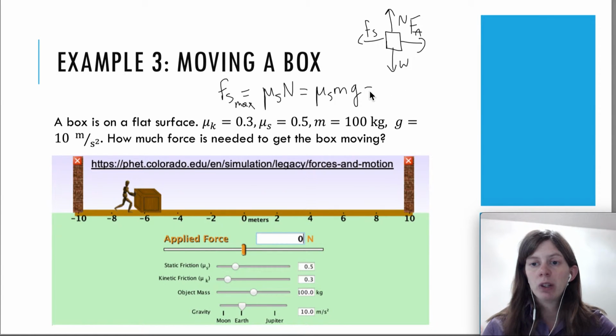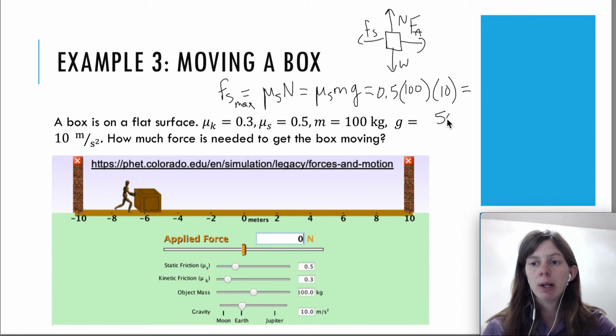So we just need to plug in the values. This time you notice that the coefficient of static friction is 0.5 rather than 0.3. It's bigger. In general, it's harder to get an object moving than to keep it moving, so the coefficient of static friction is going to be greater than the coefficient of kinetic friction. We're using g equals 10 just to simplify calculations.